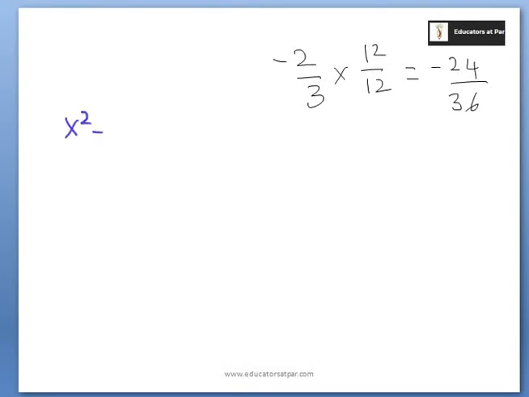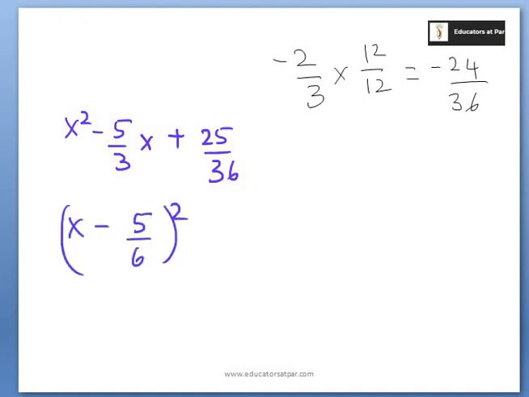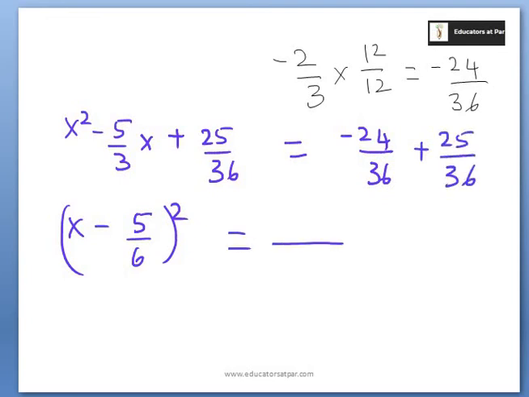x square minus 5 by 3x plus 25 by 36. Our b is 5 by 6, so it's x minus 5 by 6 the whole square equal to negative 24 by 36 plus 25 by 36. The denominators are the same. You add the numerators.